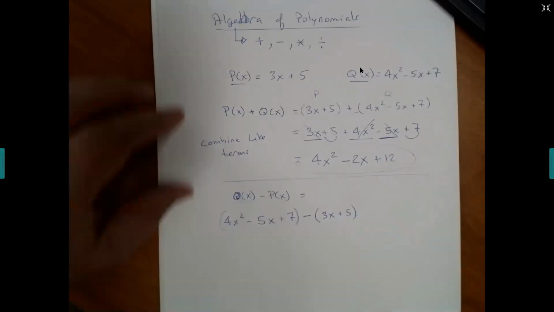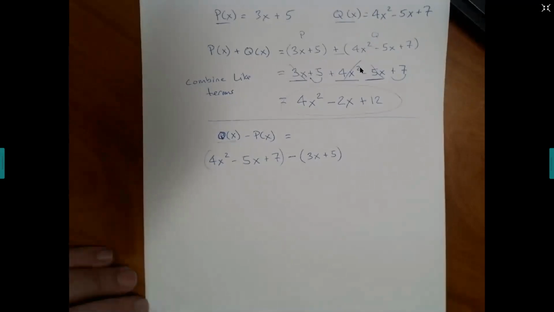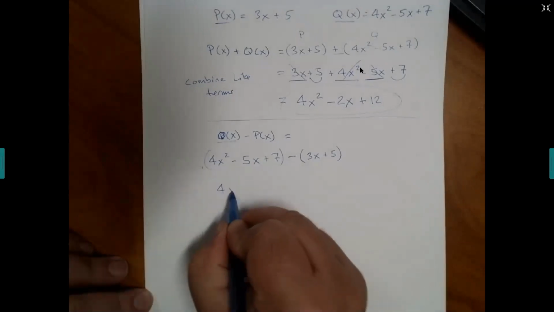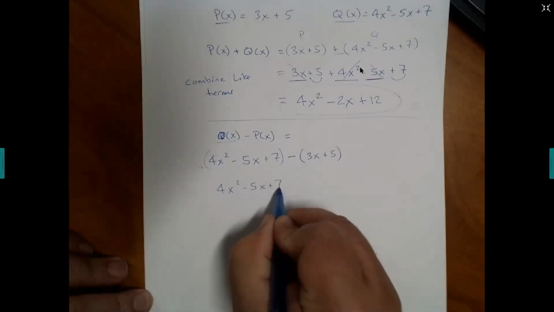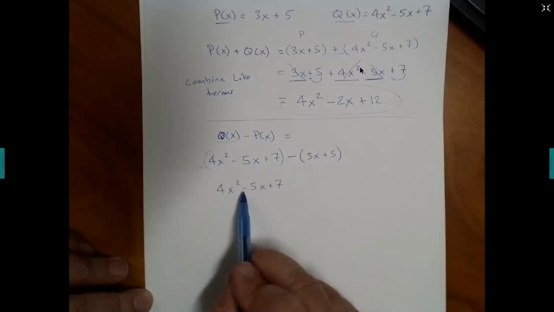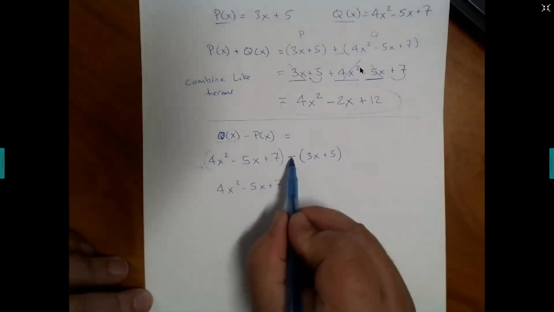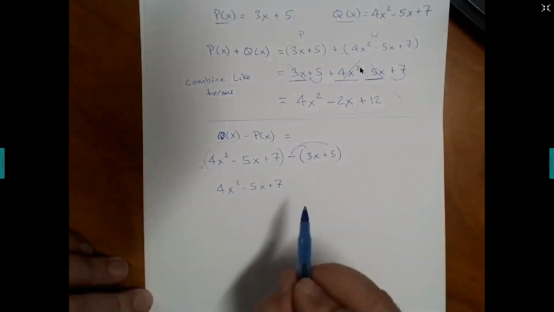Put in parentheses. I don't need the parentheses in the first since there's nothing out in front, so I just drop the first parentheses. So it's 4x squared minus 5x plus 7. But the second one has that negative in front of it. So I have to multiply it to each term inside there.